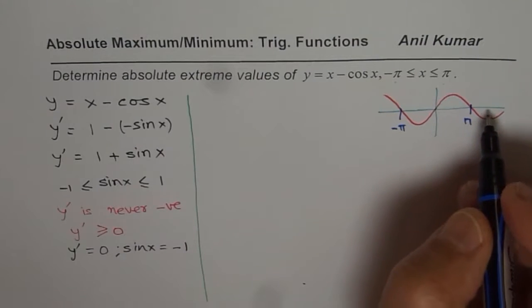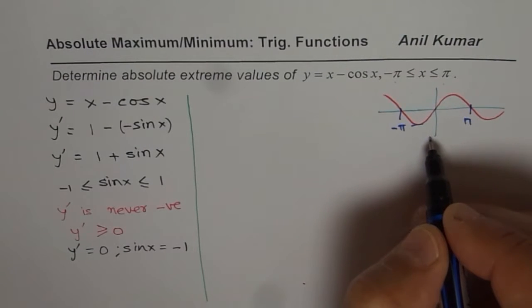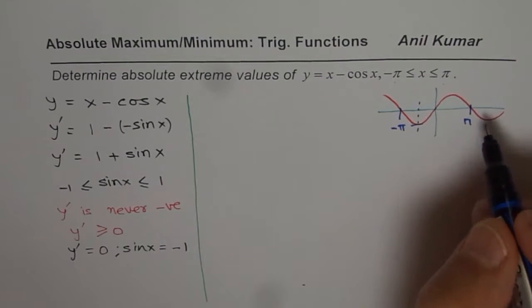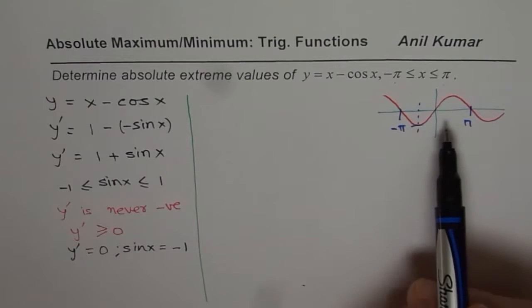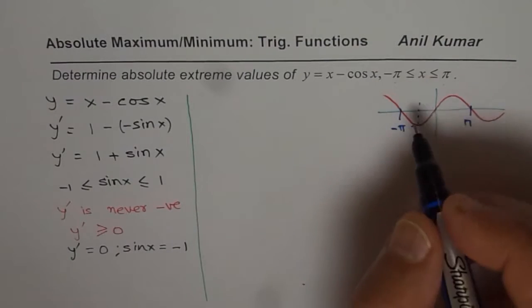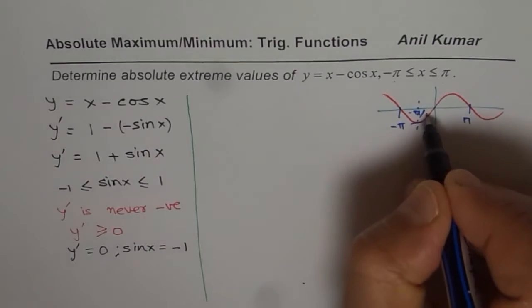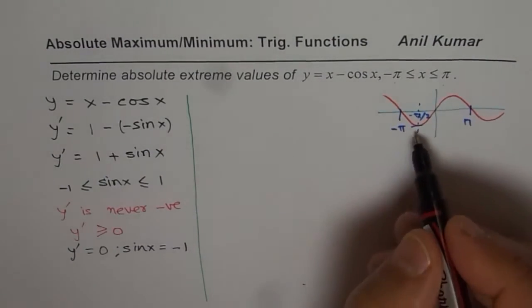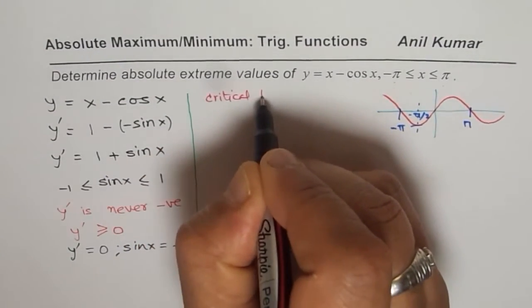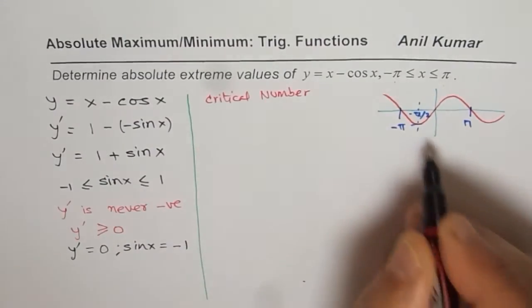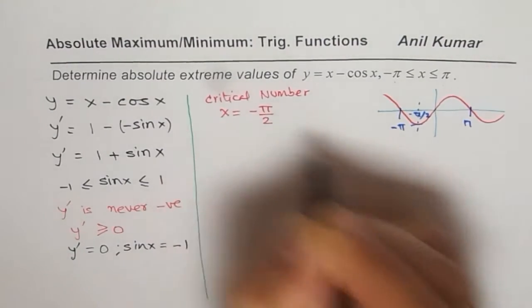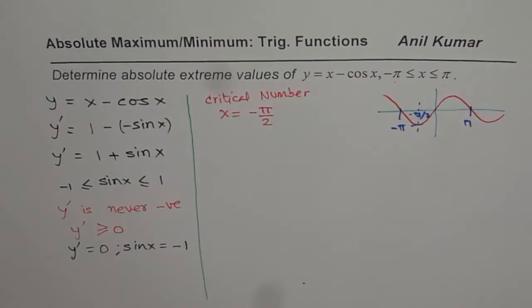Clearly the function is minus 1 at minus pi by 2. So we do have a critical number, x equals minus pi by 2, for the given function.